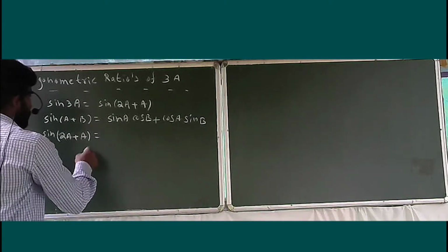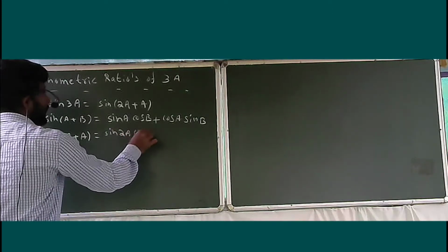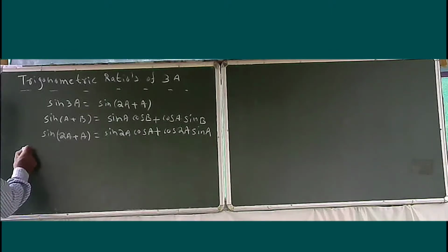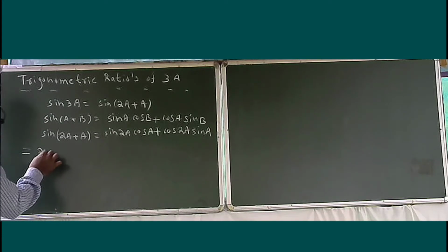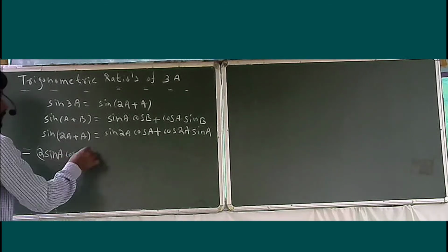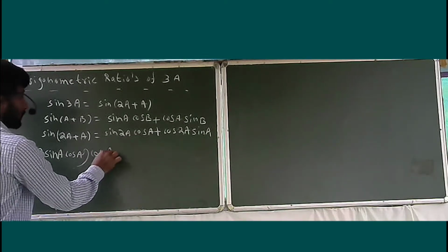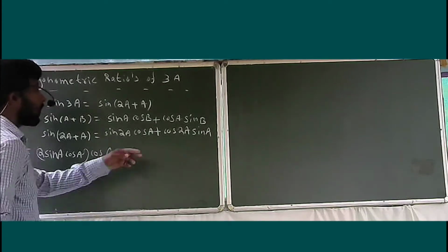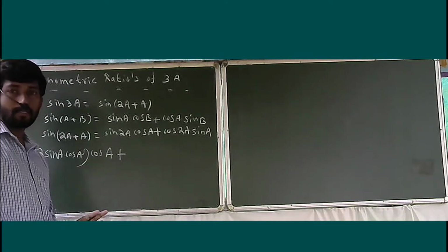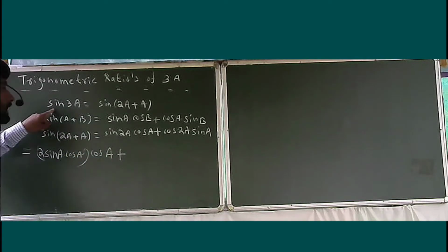Okay. Sine of 2A plus A equal to sine 2A into cos A plus cos 2A into sine A. It is equal to, sine 2A formula is 2 sine A into cos A, into remaining term cos A, plus here cos 2A is there. For cos 2A we have three formulas, but here the function sine is given, right?